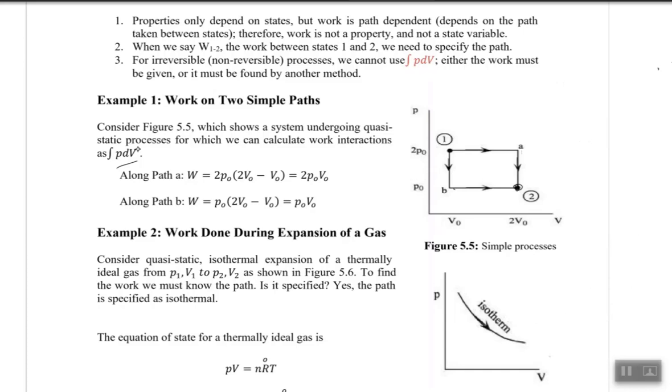Let me rub it out. So work done in path A is equal to 2P0 V0 and work done in path B is equal to P0 V0.